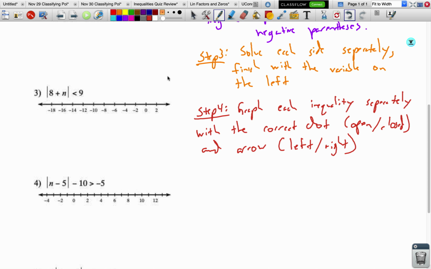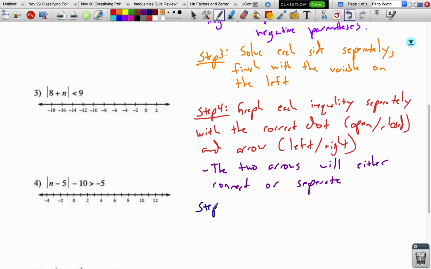All right, when you do this, the two arrows will either connect or separate. They will never be going in the same direction, though. If one's going left, the other one's going right.